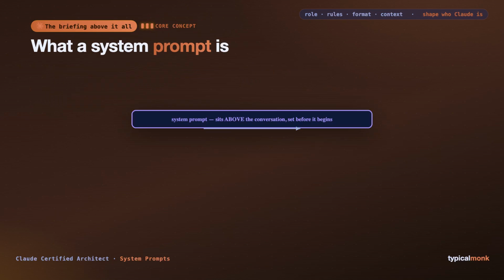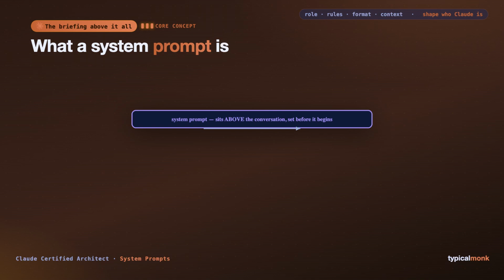Let us dive in. Let us begin with what a system prompt actually is, because the concept is simple, but the leverage is enormous. A system prompt is a special instruction you give Claude before the conversation begins. It is not a question, and it is not part of the back and forth. It sits above the conversation, setting the ground rules for everything that follows. Think of it like the briefing you give an actor before they step on stage.